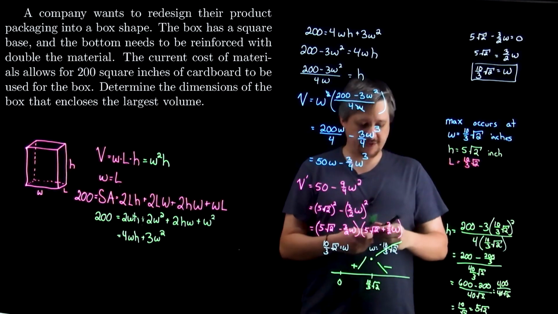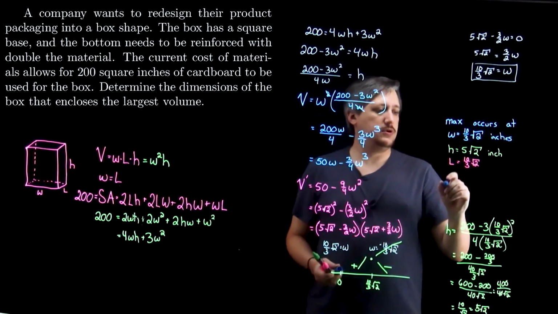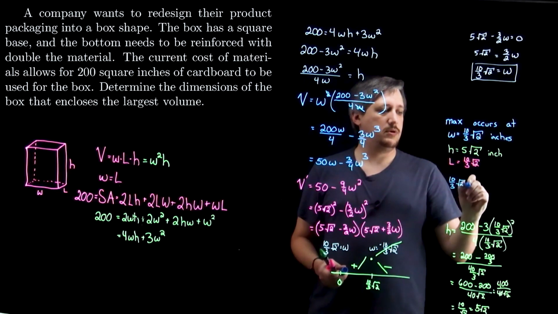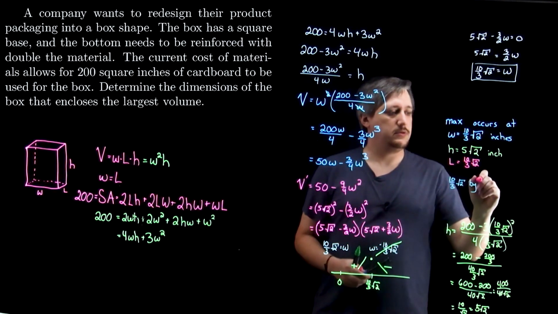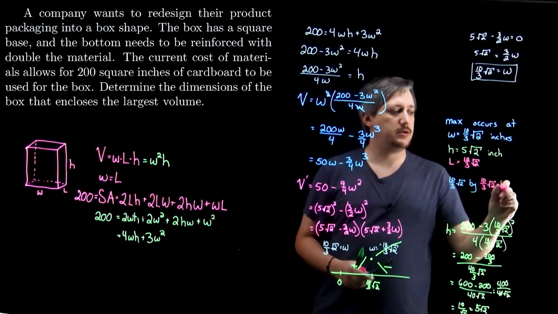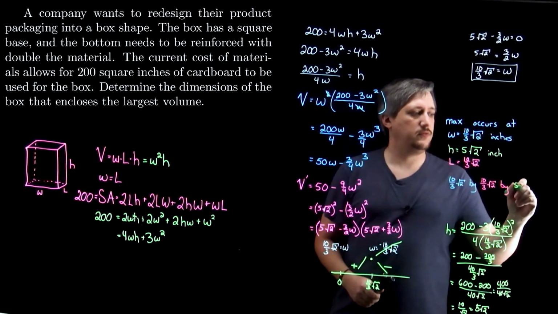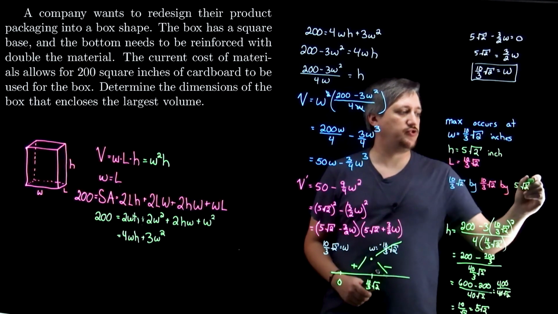So my box dimensions would be 10/3 root 2 by 10/3 root 2 by 5 root 2, where all of these are in inches, right?